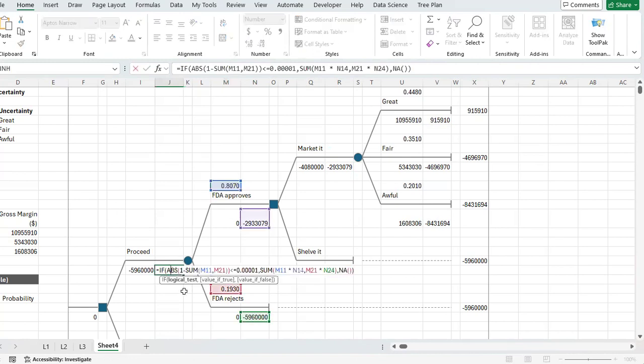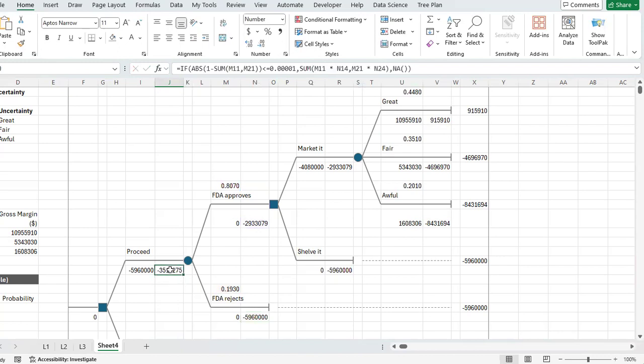And this down here is the sum product of these two and these two. So what's going on here is we're multiplying M11 and N14. We're multiplying M21 and N24, and then we're summing.